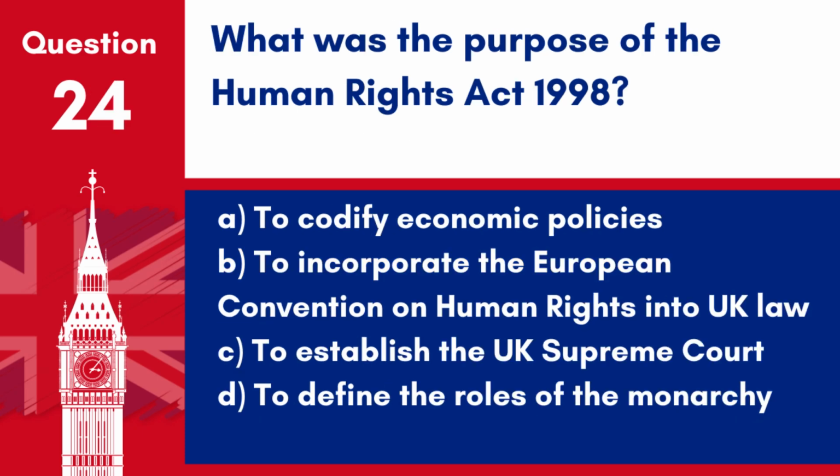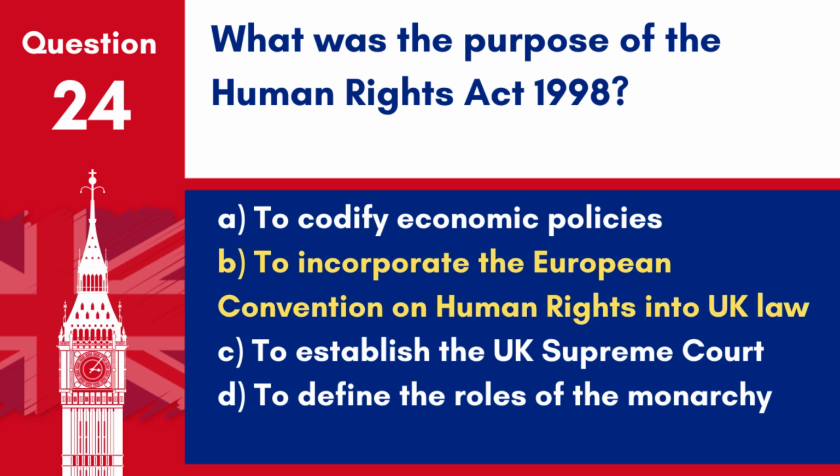Question 24. What was the purpose of the Human Rights Act 1998? A. To codify economic policies. B. To incorporate the European Convention on Human Rights into UK law. C. To establish the UK Supreme Court. D. To define the roles of the monarchy.